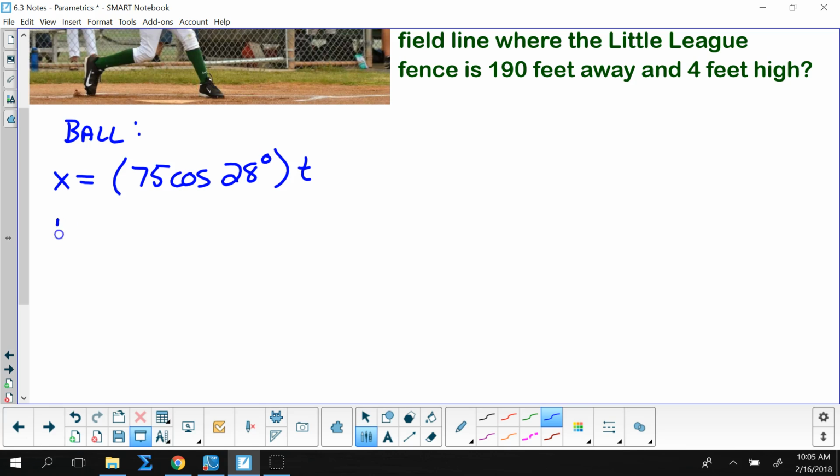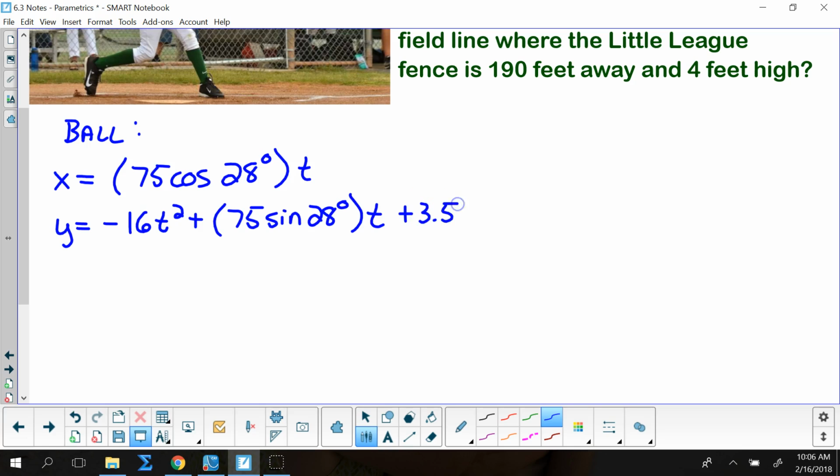The y I get is negative 16t squared plus 75 times the sine of 28 degrees times t plus 3.5.